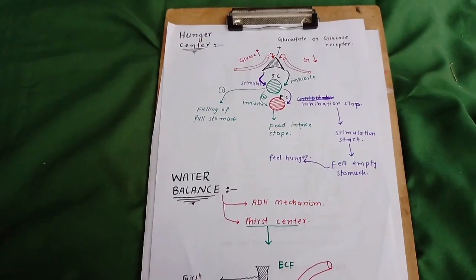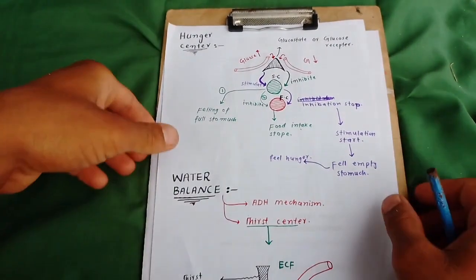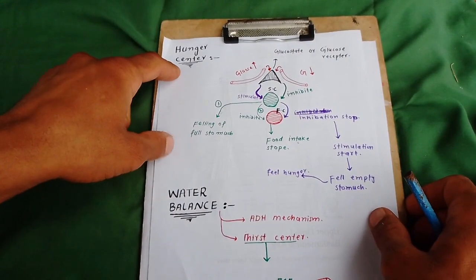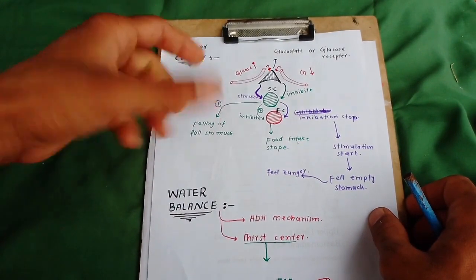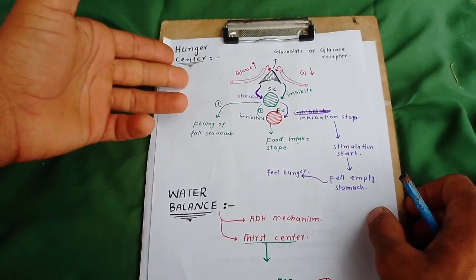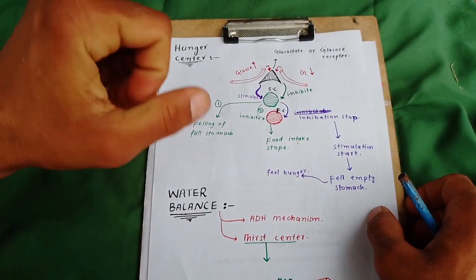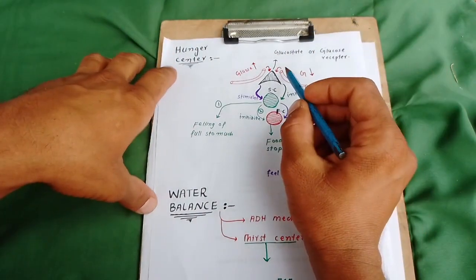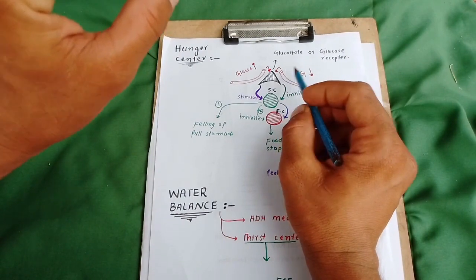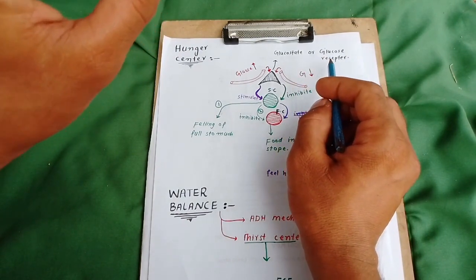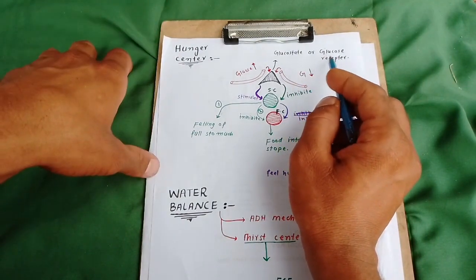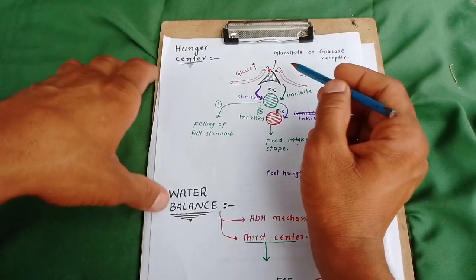Another function is the hunger center. How does the hypothalamus regulate hunger and fullness of the stomach? The hypothalamus has a specific receptor called the glucose receptor, or glucostat.